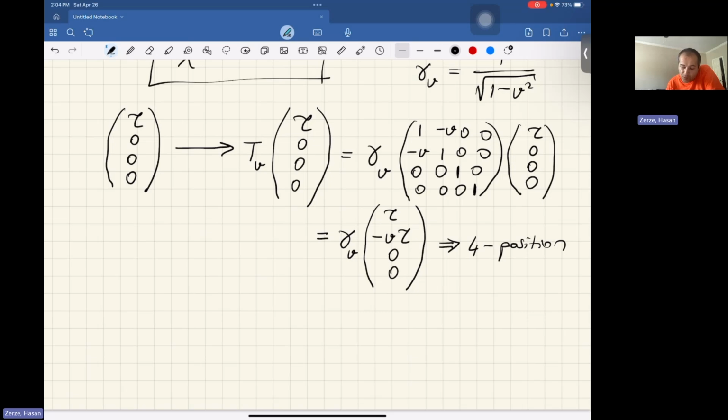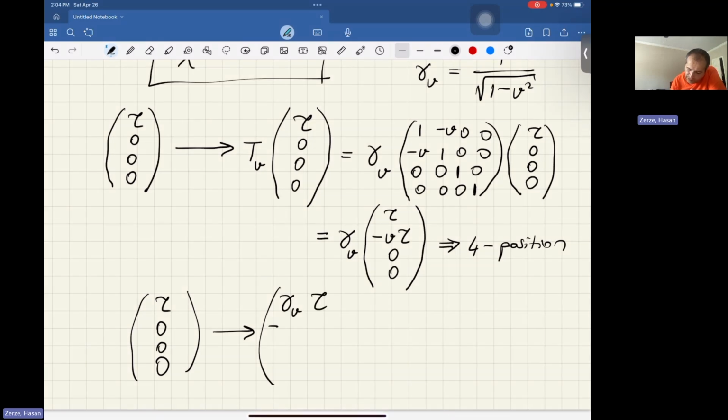And the y and z are just 0, because the object is not changing its position along the y and z directions with respect to the observer. Now, one thing we can do is to check how the tau is changing from 0, 0, 0 to gamma v tau, negative v gamma v tau, 0, 0.